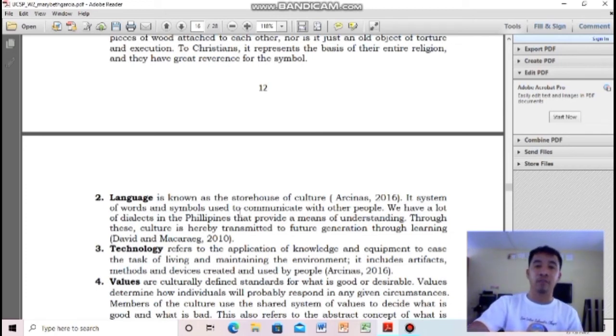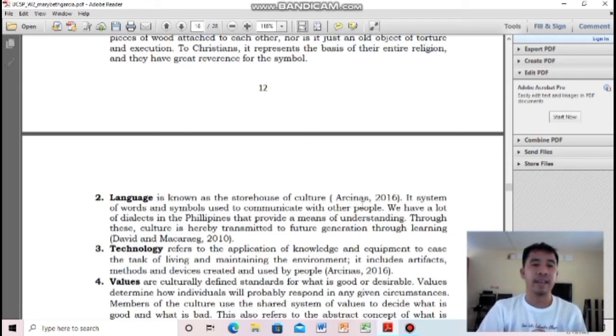O example sa Ilonggo, mabalaan sa taga Manila kung Ilonggo ikaw base sa tono sang imo, accent sang imo nga paghambal. So ang kultura, there is a language because it is one of the easiest way or venue to transmit some culture to future generation through learning. Okay.